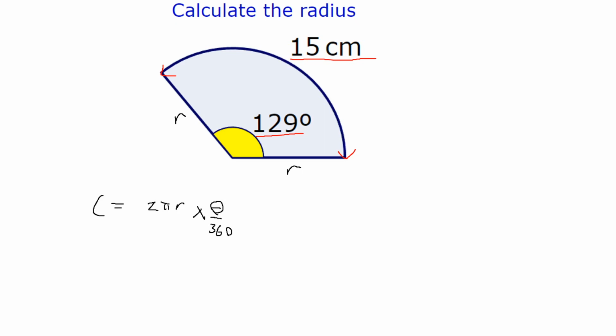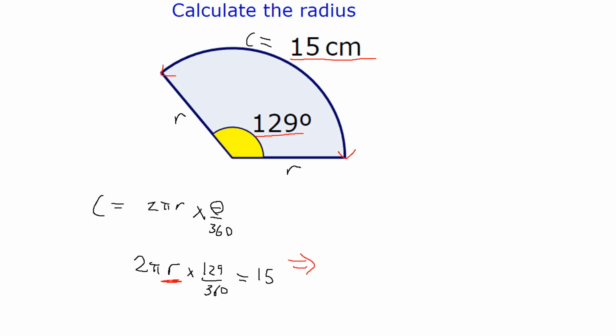And we know that C is equal to 15. So all we're going to do is substitute in the numbers. When we do that, we get 2 pi r times 129 over 360 is equal to 15. And now we want to solve for r.